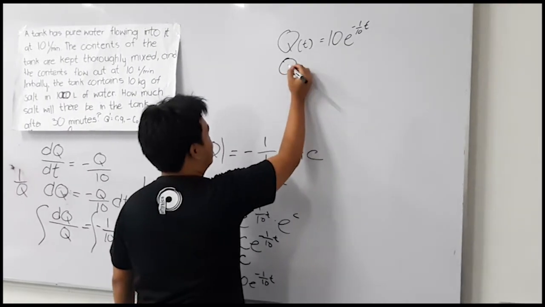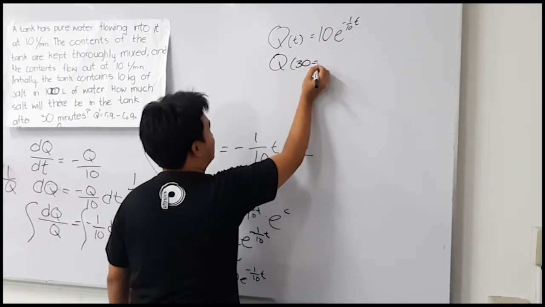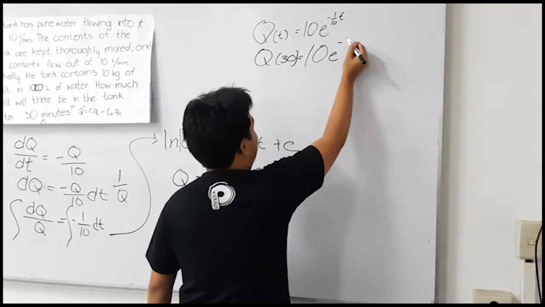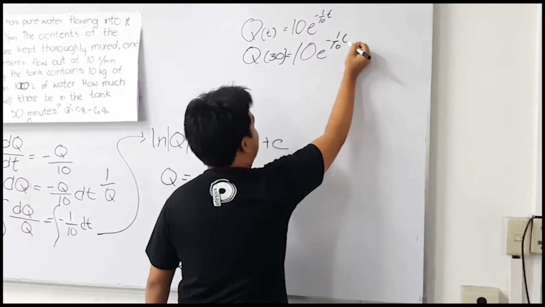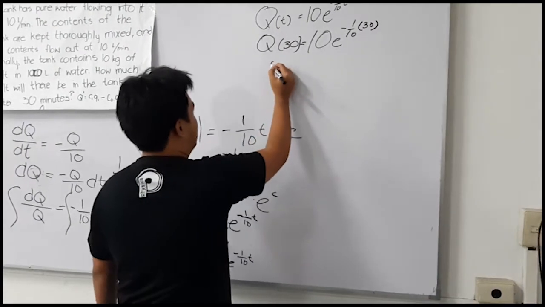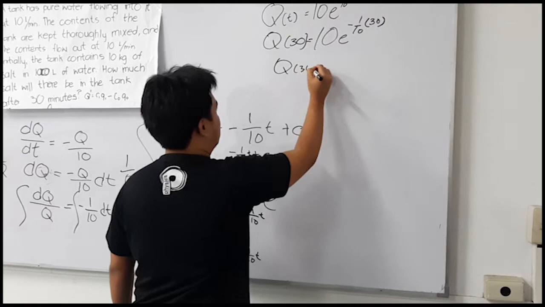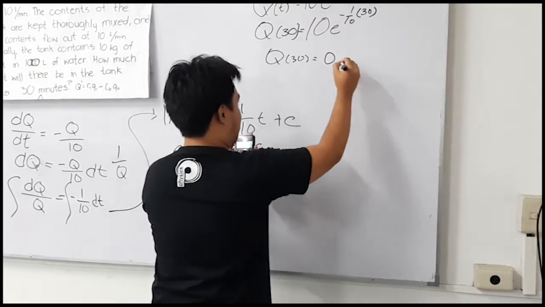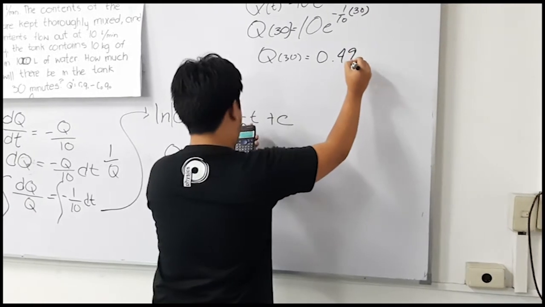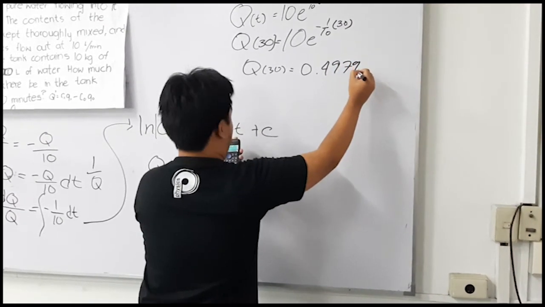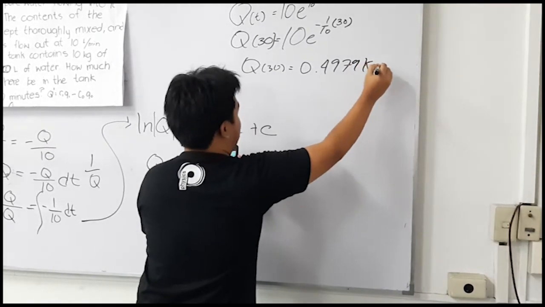So we will substitute t equal to 30: Q of 30 equals 10 e raised to negative 1 over 10 times 30. We are left with an answer of 0.4979 kilograms.